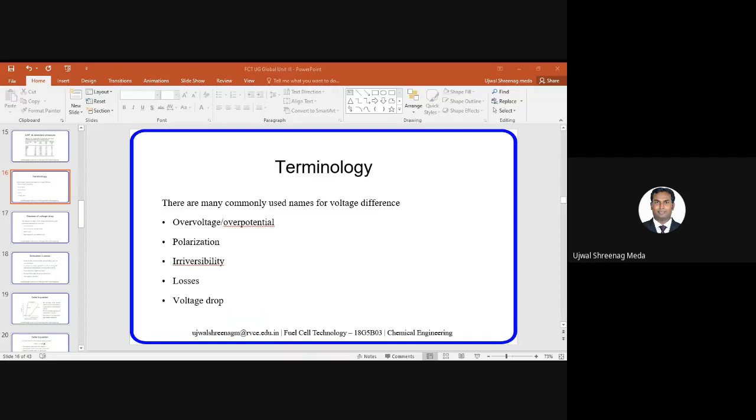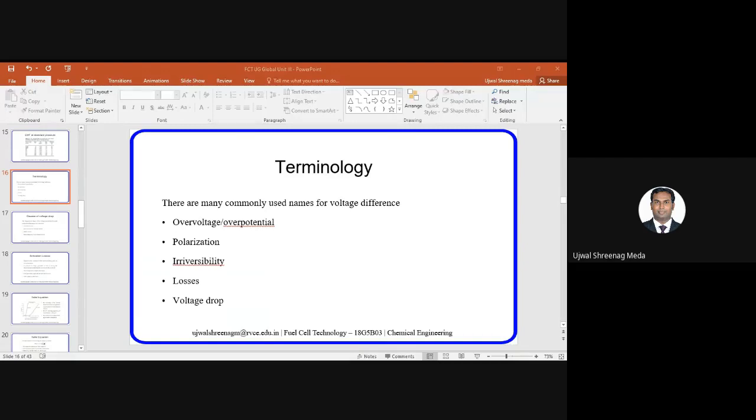Coming to the test questions, or part B questions, it can be anywhere between 4 to 12 marks, where you will either be asked to list the types of efficiencies, or to explain the efficiencies in detail.